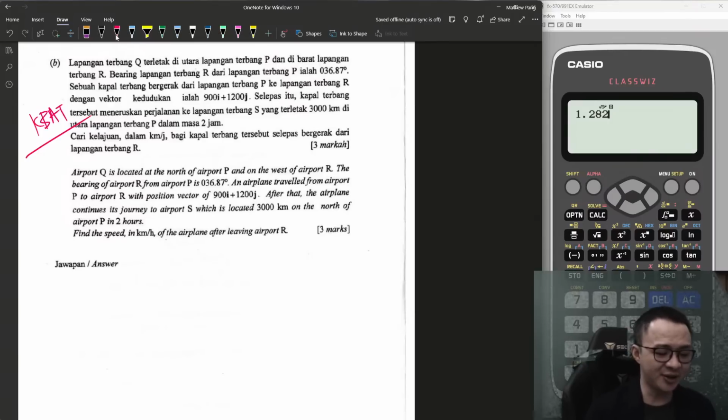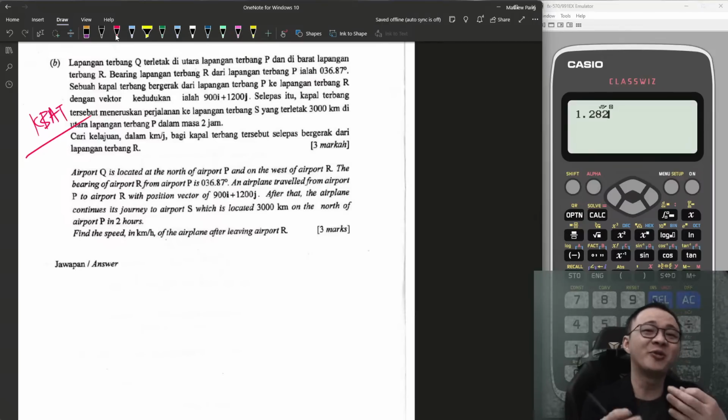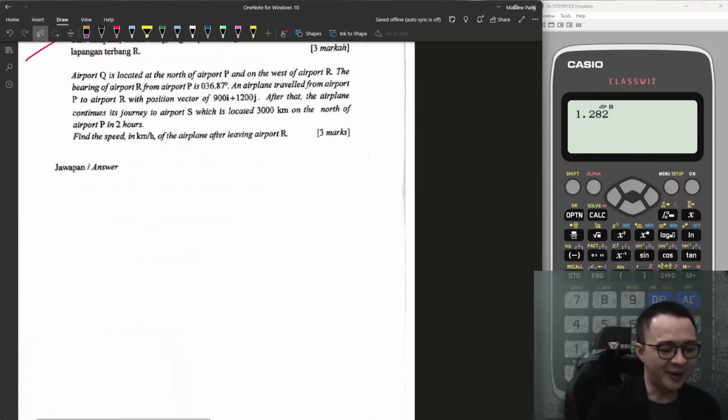But because this question doesn't tell us the origin, when I do this question, I do a little bit of testing myself to ensure the origin actually is the airport P. Maybe because they want to make a K-bar question, they want you to find out this one by yourself. I'm not sure. Okay, but let's have a look at this question.